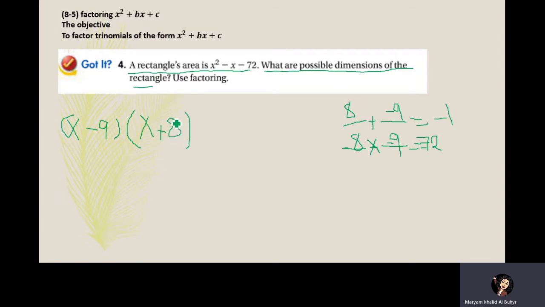That's the answer. You might try other numbers, like 36 times 2, which gives 72, but when you add or subtract them you don't get negative 1. That's why this is wrong.